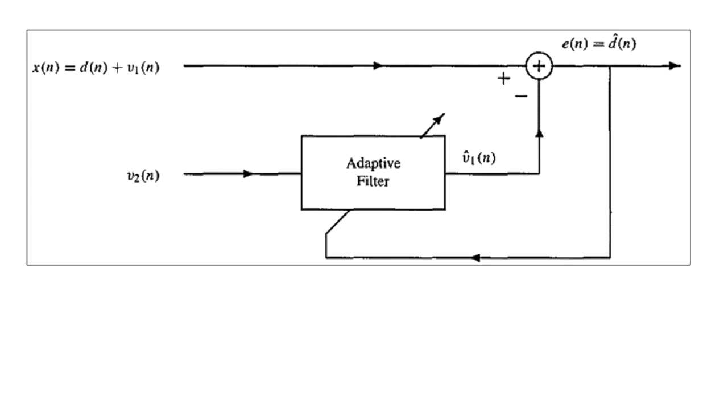I hope you have understood, as we are switching from the stationary assumption to the practical non-stationary aspects. If the reference signal v2 of n is uncorrelated with the desired signal d of n, minimization of the mean square error, the expected value of mod square of the error signal e of n, is equivalent to minimization of the expected value of the mod square of the difference v1 of n minus v1 cap of n.